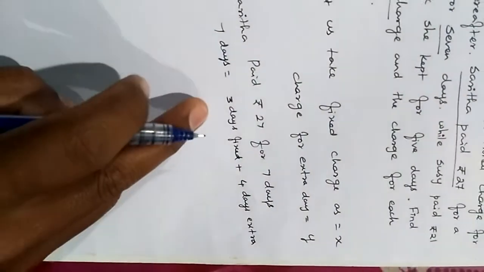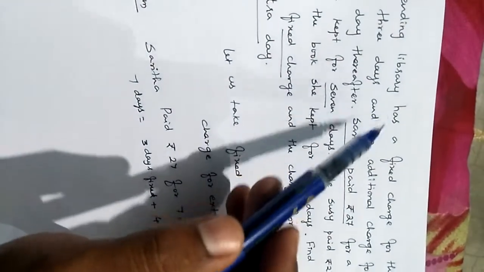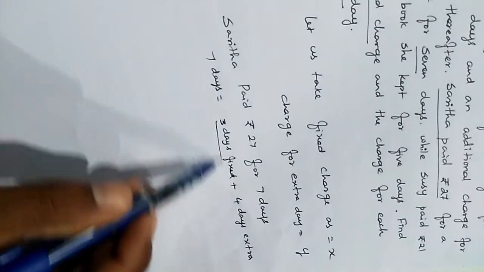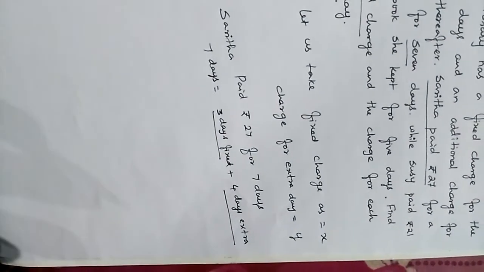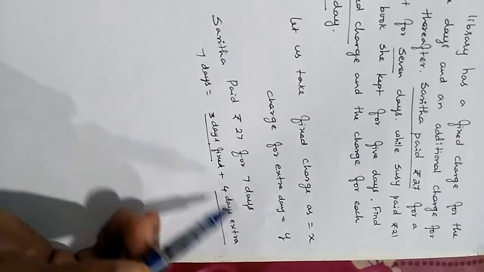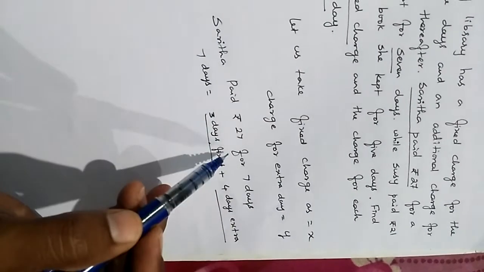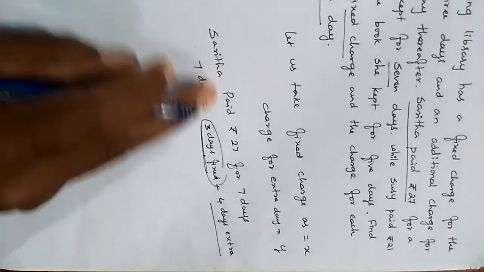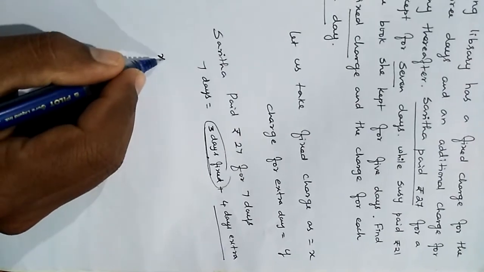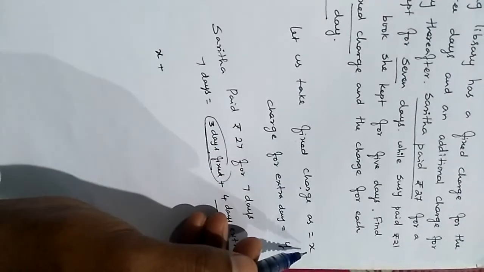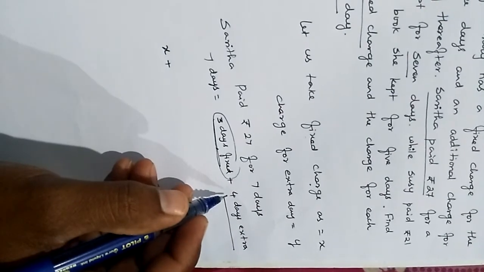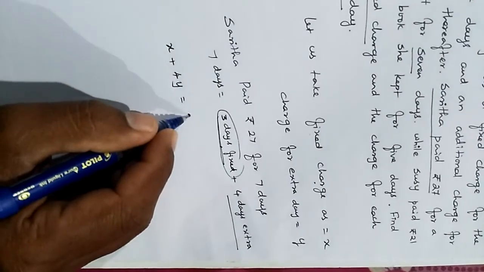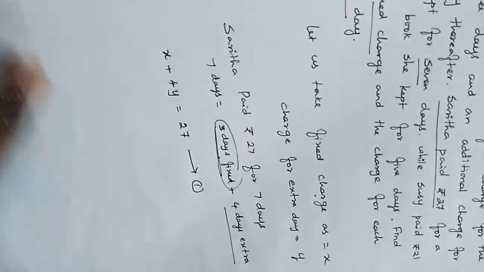In the 7 days, 3 days is fixed because it's given in the beginning itself: a library has a fixed charge for the 3 days, so we are taking 3 days as fixed charge, and 4 days extra charge they have to pay. So the fixed charge we have taken as x variable. Then it's given that she paid rupees 27, so x plus, for the remaining 4 days, the extra charge we are taking as y, equal to rupees 27. So this is equation number 1.